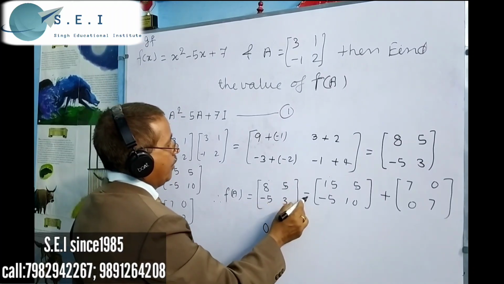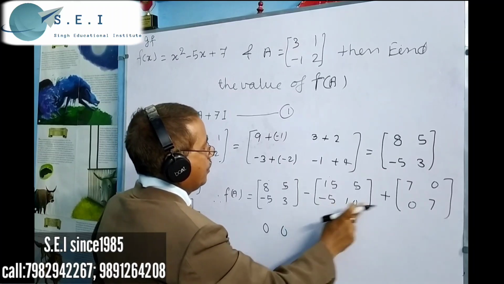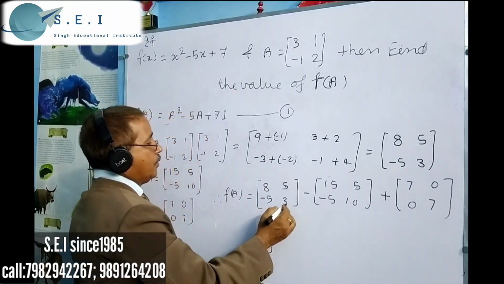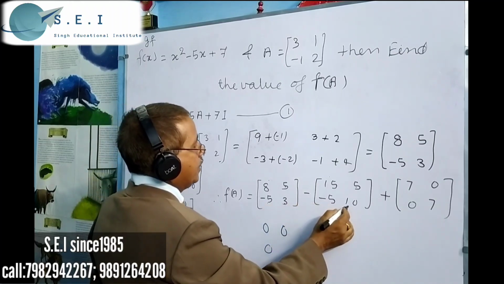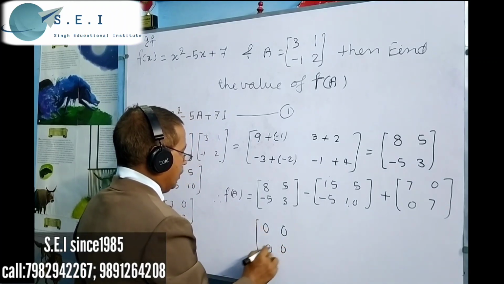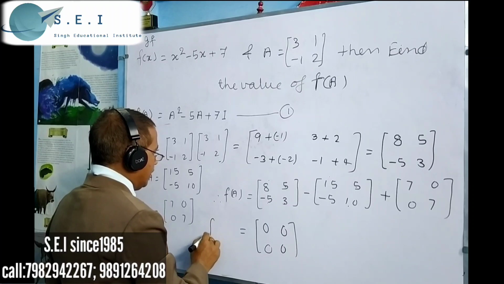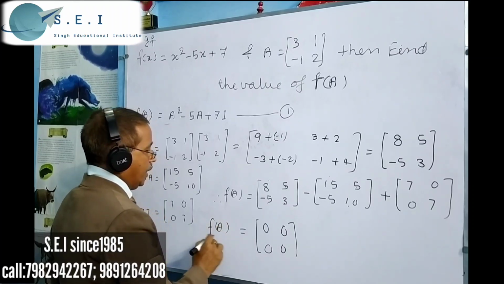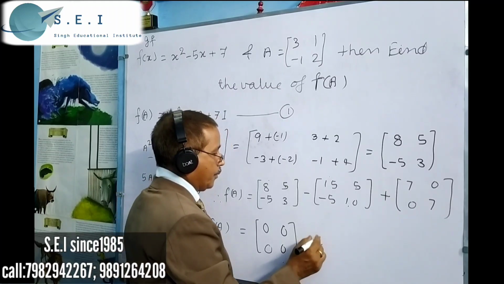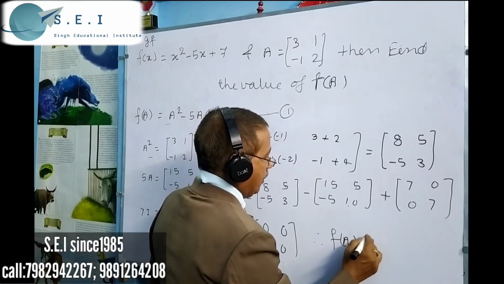Minus 5 minus of minus 5 is plus 5, minus 5 plus 5 is 0, plus 0 is equal to 0. 3 minus 10 is minus 7 plus 7 is equal to 0. So f(A) is equal to the null matrix or zero matrix.